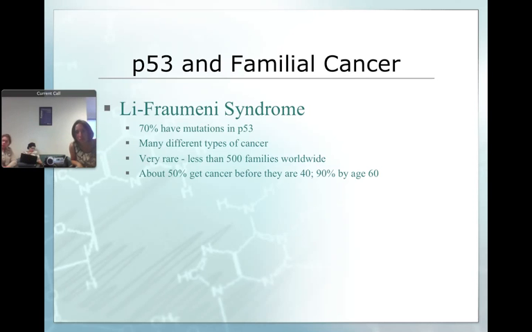Are there familial cancers with P53? The answer is that it is very rare. It's called Li-Fraumeni syndrome. 70% of them have mutations in P53 in an inherited manner. Many of them, lots of different types of cancers. There are very, very few of them. There's less than 500 families in the whole world that are known with this disease.